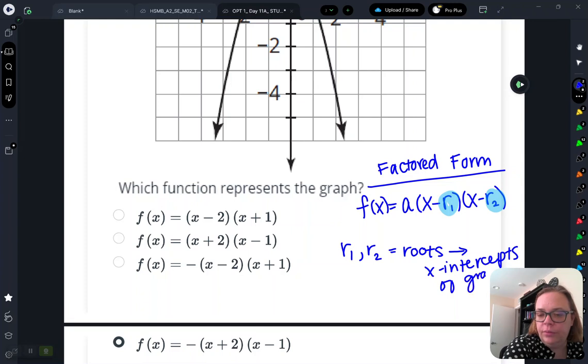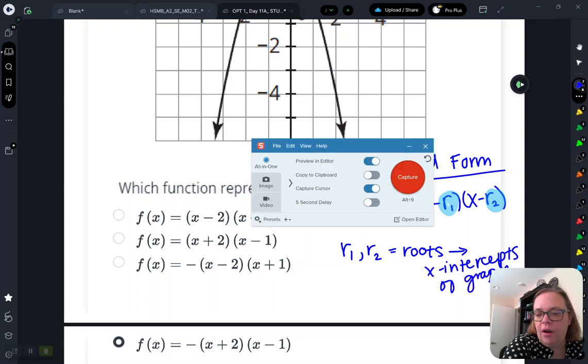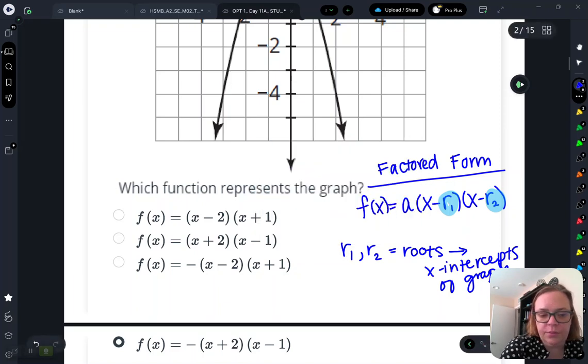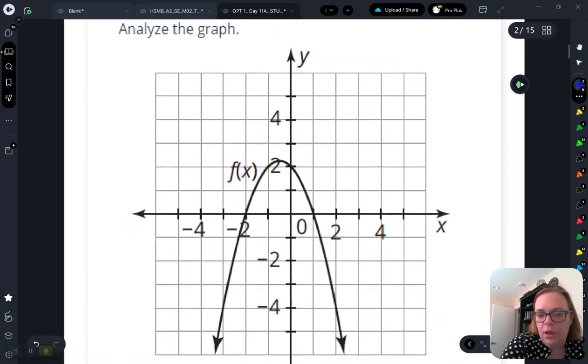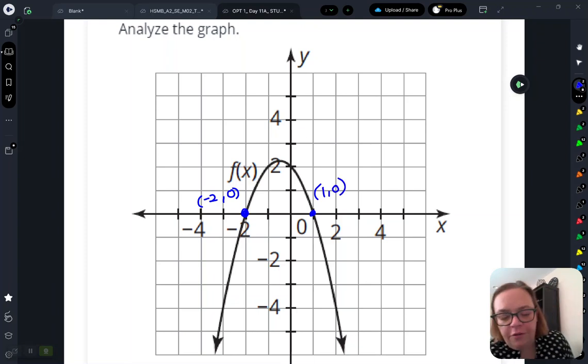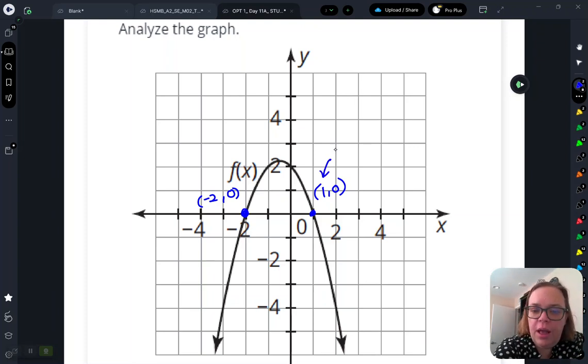So we can see that there are, in fact, 2 x-intercepts to this graph. There is one right here at negative 2, 0, and the other one right here at positive 1, 0. So that essentially informs us what is R1 and R2, and it doesn't matter which one you label as R1 versus R2. I can call this R1 and this one R2.